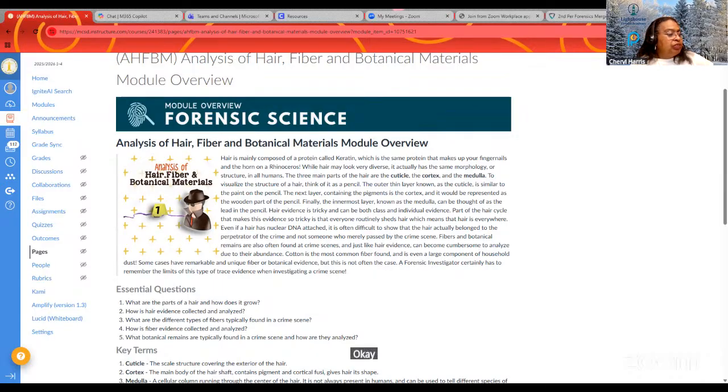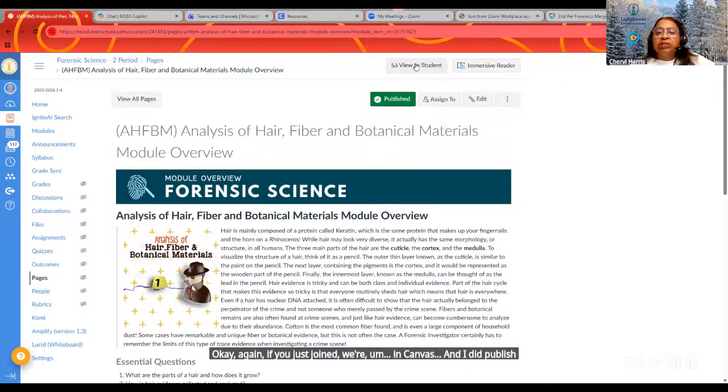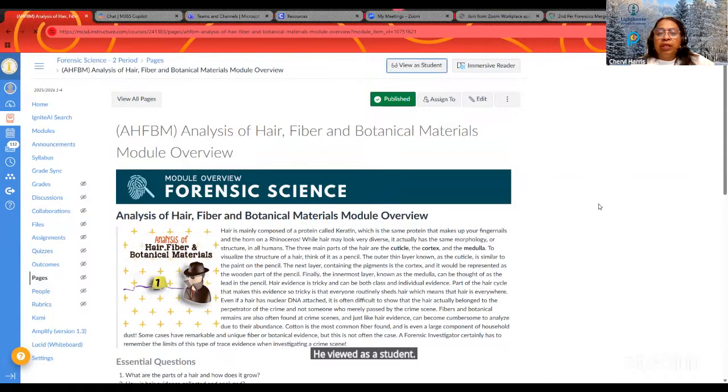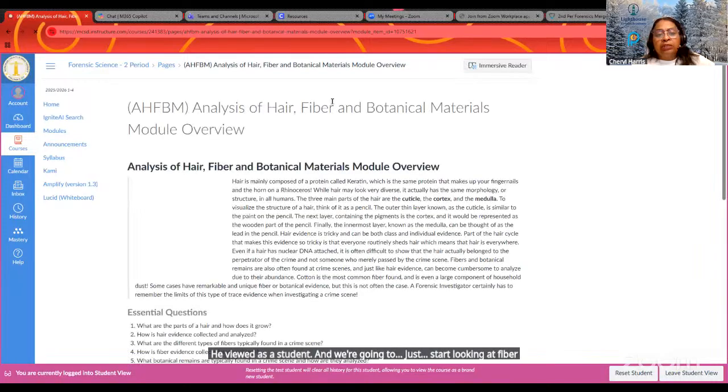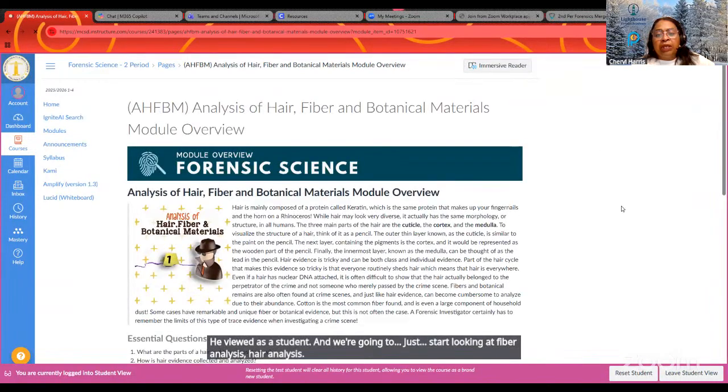Okay, again, if you just joined, we're in Canvas, and I did publish it. You view it as a student, and we're going to start looking at fiber analysis, hair analysis, and analysis of botanical materials.